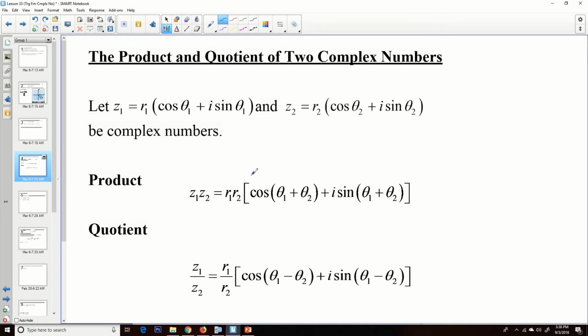So if I want to multiply those two, z1 times z2 is going to be the product of the moduli, and then it's going to be the cosine of the sum of the arguments plus i sine of the sum of the arguments. And then if we're going to divide two of them, we divide the moduli and then we subtract the arguments for the cosine and the sine.